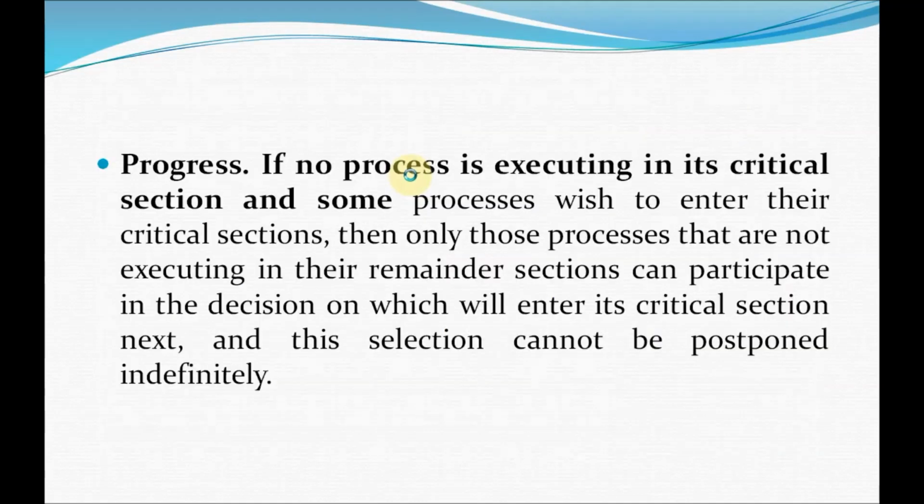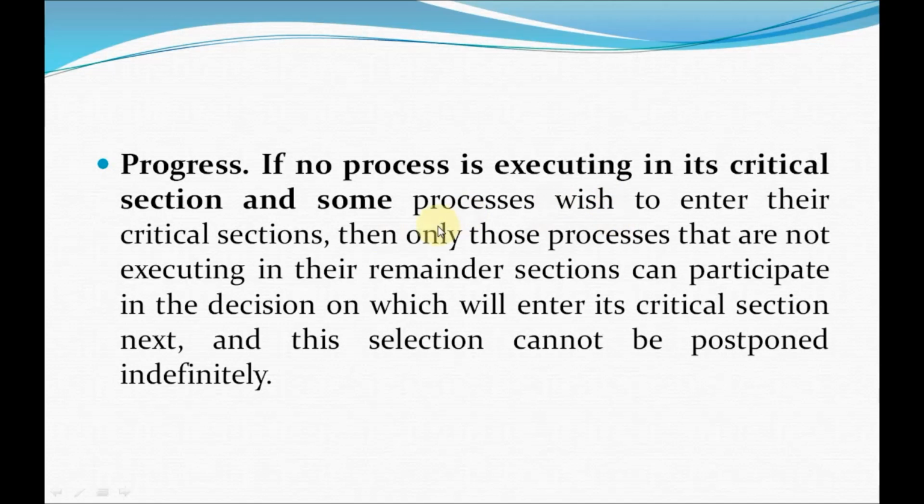Now the second property: progress. Don't get confused here, it's very simple. Progress means you have to allow the processes that are interested to enter the critical section. If a process is not interested, just leave it.